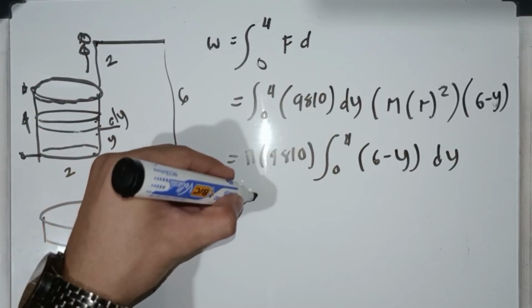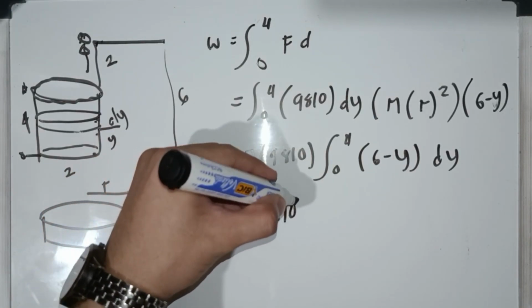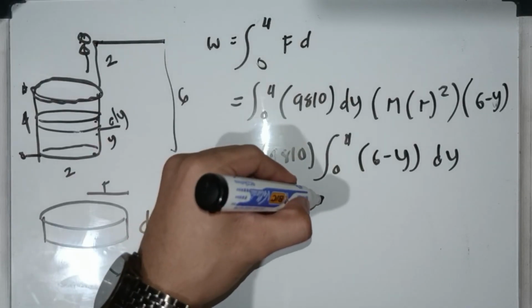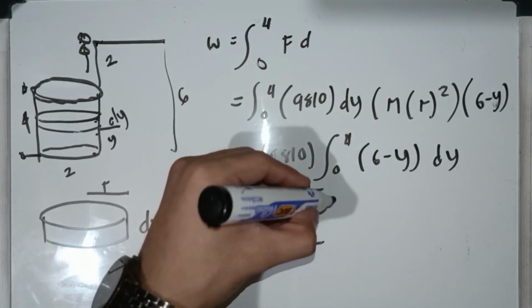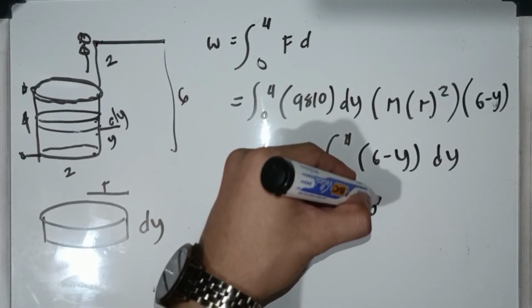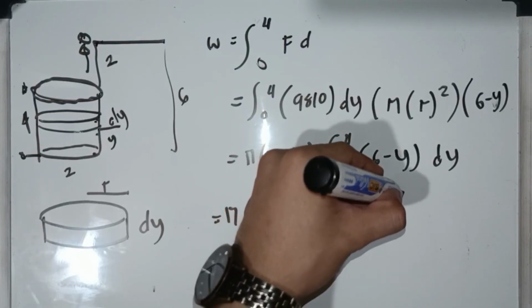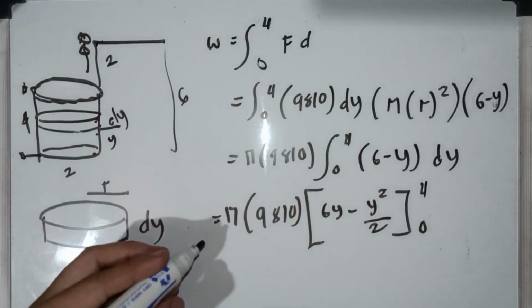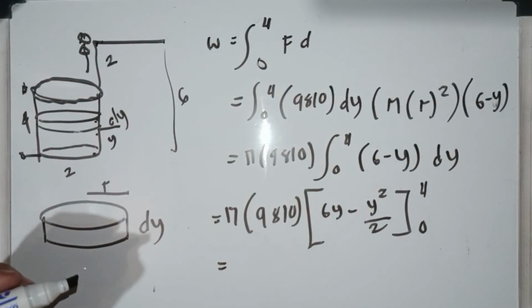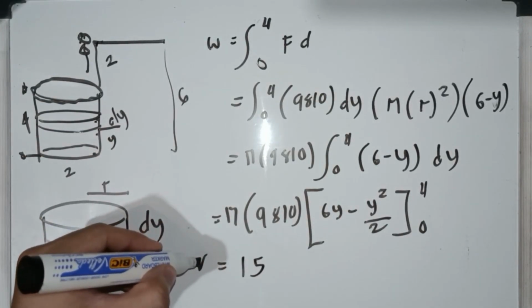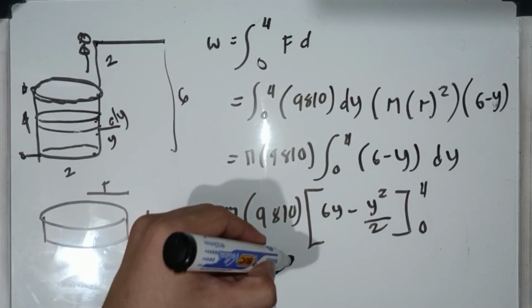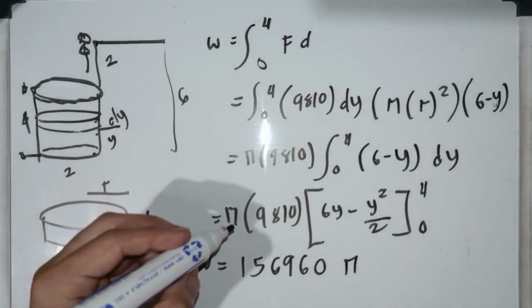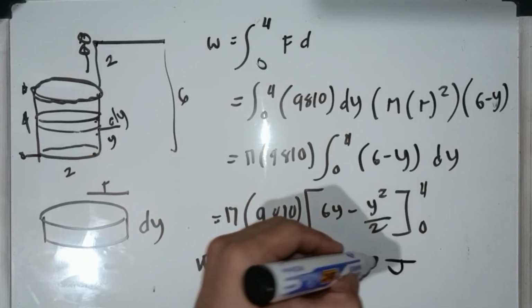We have pi multiplied by 9,810, and this is now equal to 6y minus y squared all over 2, with the limit from 0 to 4. We can now use our calculator to solve this one. So that is equal to 156,960 pi, and the unit joules.